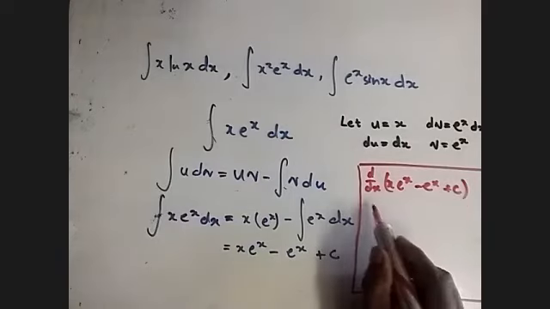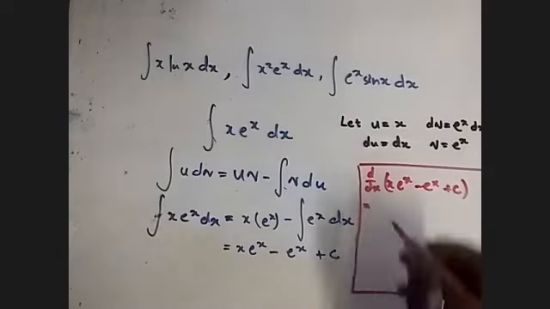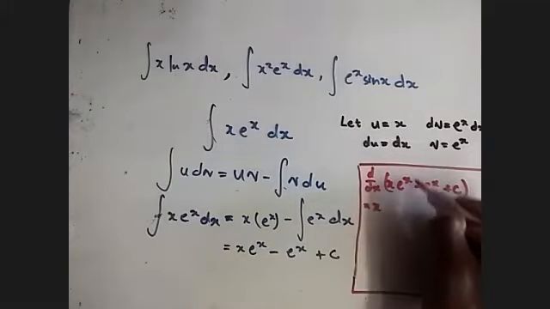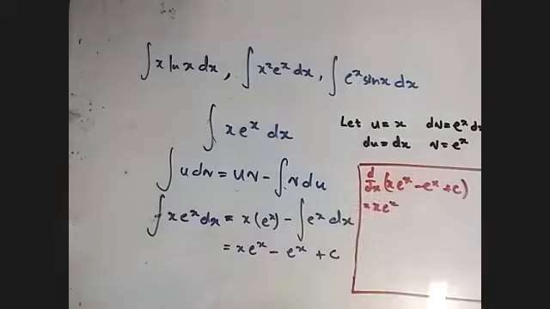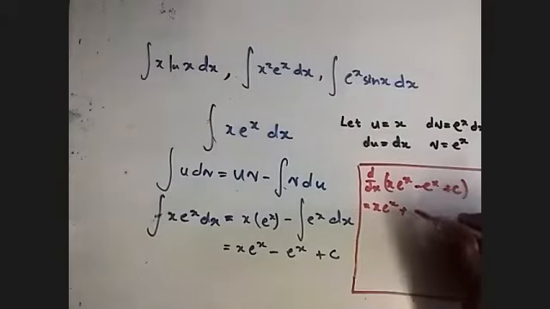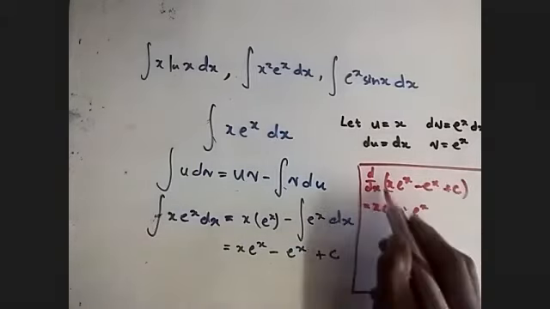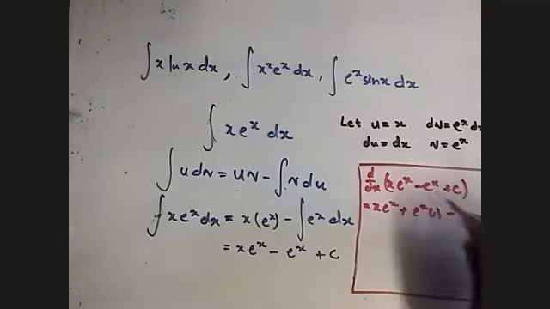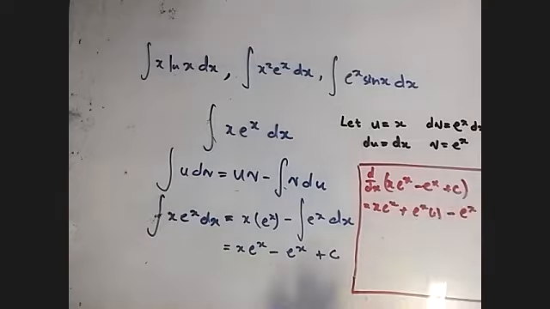But this is the product rule. So we have x times the derivative of e to the x, which is e to the x, plus e to the x times the derivative of x, which is just 1, minus the derivative of e to the x, which is e to the x, plus the derivative of a constant, which is 0.